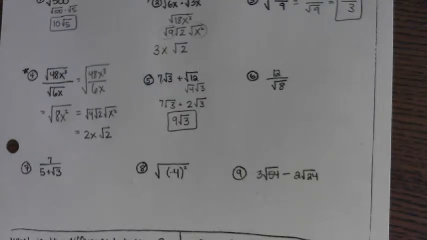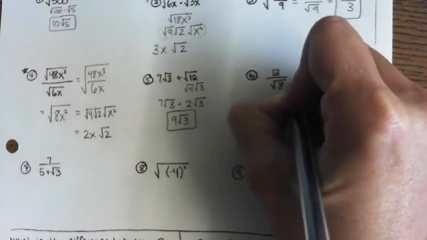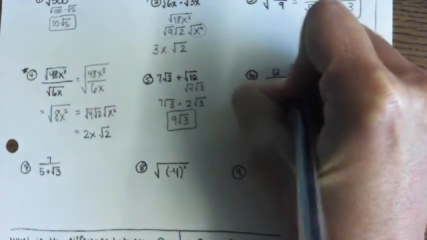Sometimes, let's think about this, sometimes if you simplify first and then rationalize, you're just going to have to simplify again anyway. So because of that, rather than simplifying twice, sometimes I just like to get the rationalizing out of the way. So multiply by root 8 over root 8.